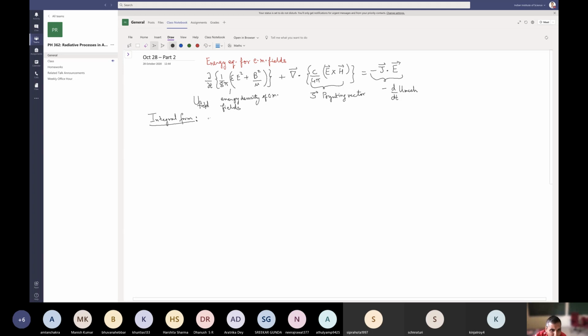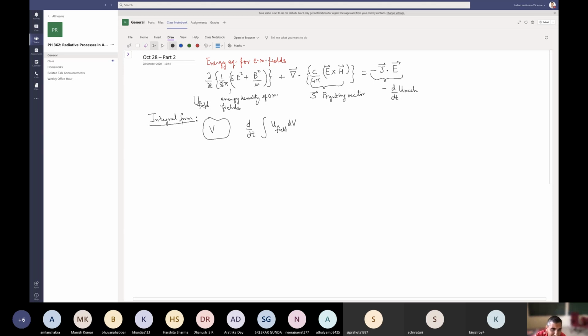If you take a volume and integrate this equation over this whole volume, we have d/dt of the integral of U field dV, right?